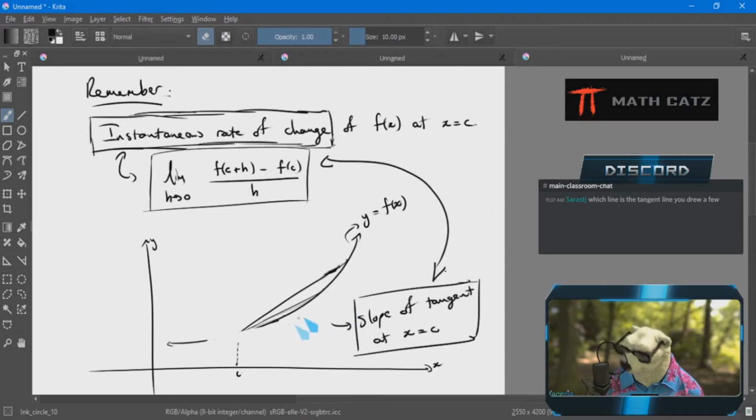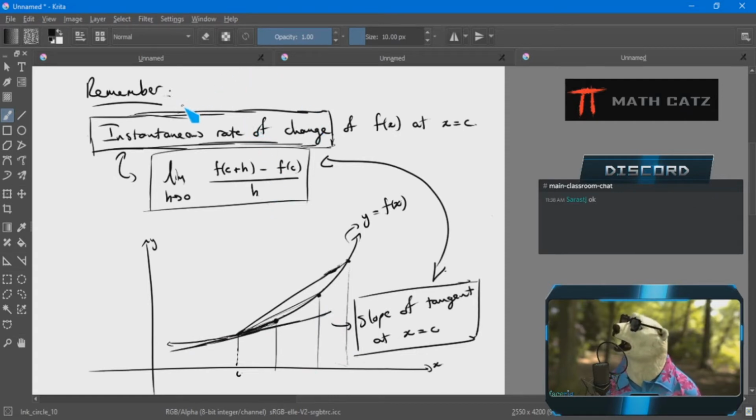To be honest, if you have to ask which line is the tangent line, then I'm not sure you watched the video yesterday, because we drew these secant lines. A line connecting 2 points on the graph is a secant line, and the slope of that line is the average rate of change. As my window h, the window size, gets smaller, the second x value drifts closer to c, then the secant lines approach what we'll call the tangent line. Right? It's all in yesterday's video.